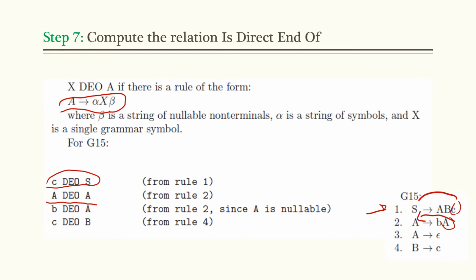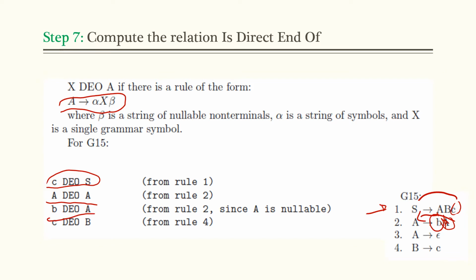But for the second rule, because A is nullable, it means that A can be instantiated into epsilon. It means that rule number 2 can also end with B, meaning it stops here. Because A is nullable, rule number 2 can also stop at B. So we say that B is the direct end of A as well.